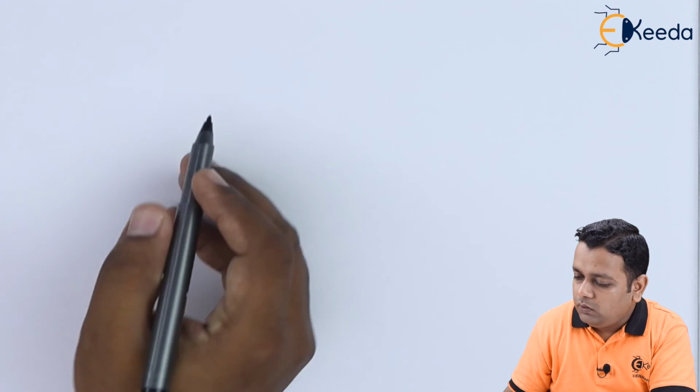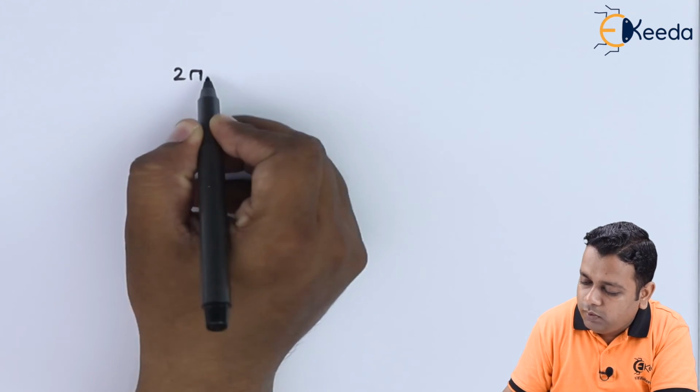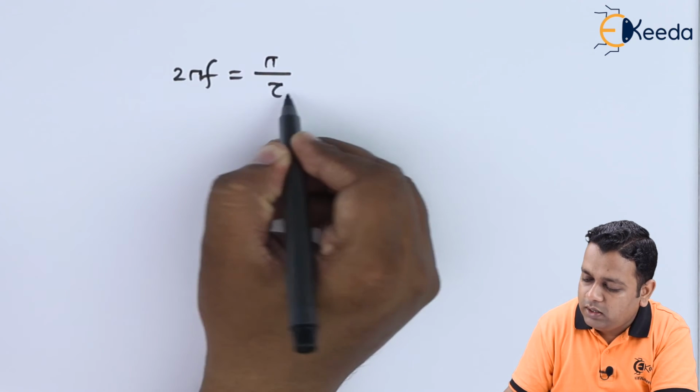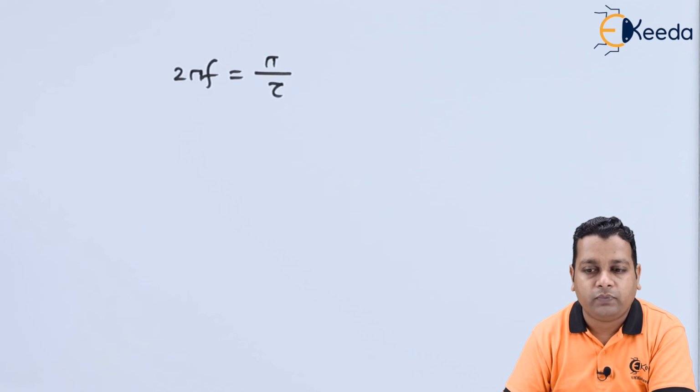Mostly when such an avalanche transit time device is operated, it is kept inside a microwave cavity. With respect to the resonance, the frequency can be given by the next equation. We have the relation 2 pi f is equal to pi radians divided by the transit time tau.